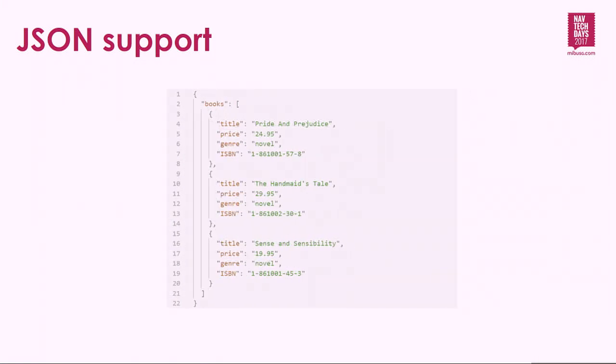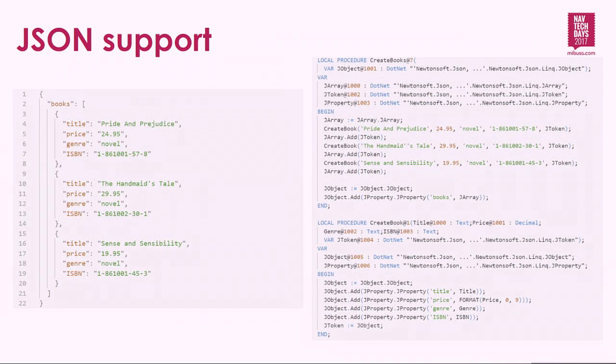So I'll take a chance and use this one. For JSON, this is a small sample of some JSON I would like to create. If we look at the code, how it looked in C-side, and I have even abbreviated a bit because some of the lines were very long, there's lots of code to create this small sample.